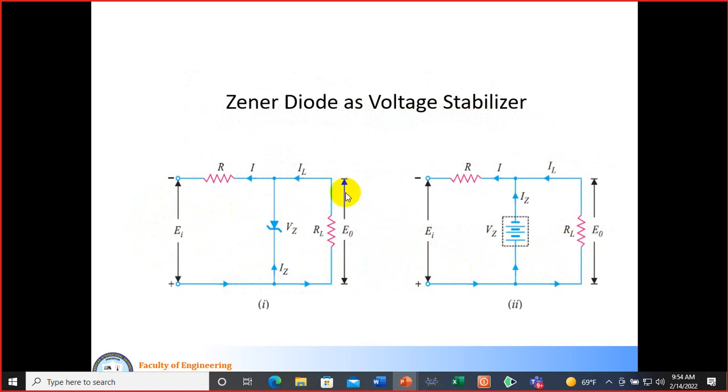Then you can maintain this constant voltage across the load, VZ equal to E0, the output voltage. This output voltage will remain constant. Make sure this EI does not fall below the zener voltage VZ. It can go up, but the extra fluctuation will be absorbed by this arm.